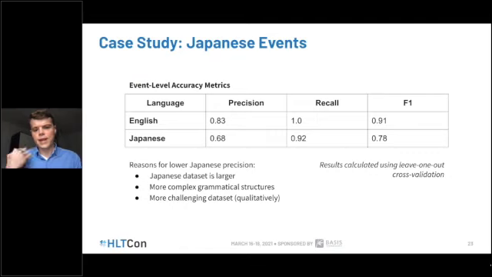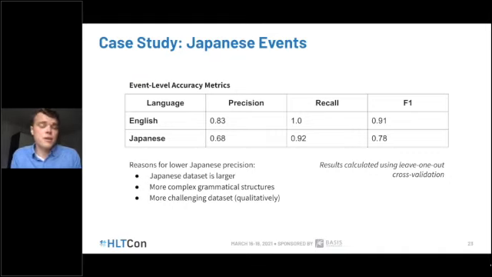So now for the precision, the issue here is that Japanese does contain more nuanced grammatical structures and more indirect ways of phrasing things that are commonly used in the types of data that we were working with. And that just seemed to be more challenging for the algorithm to deal with.